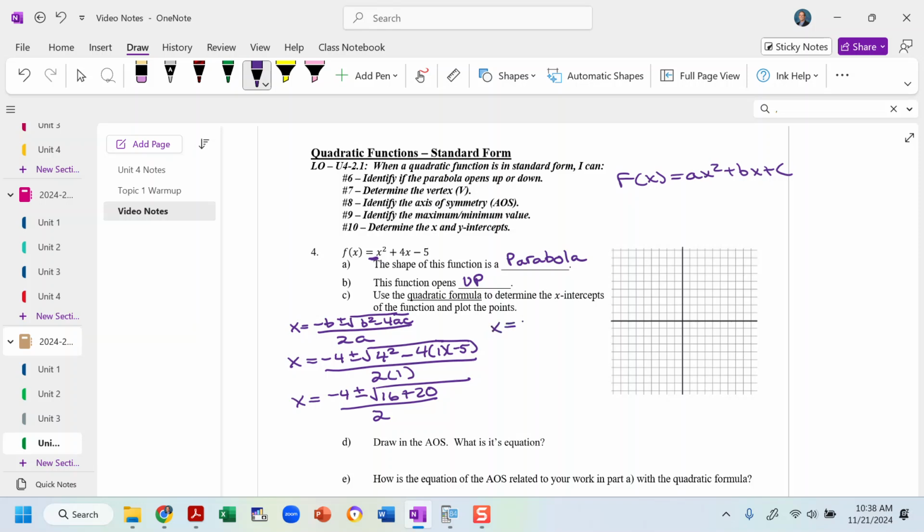So x equals negative 4 plus or minus the square root of 36 over 2. x equals negative 4 plus or minus 6 over 2. So it gives you negative 4 plus 6 over 2 and negative 4 minus 6 over 2. So it gives you 1 and negative 5.